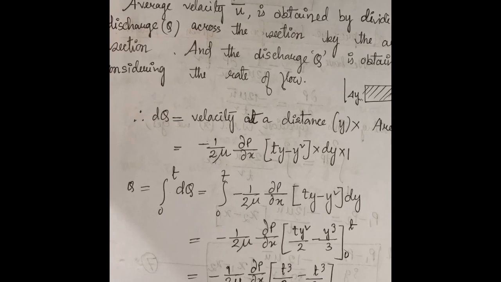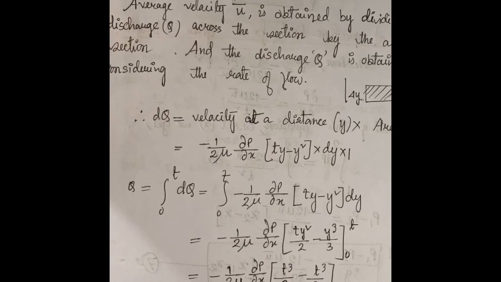As you know, the discharge is given by the equation Q equal to AV. From that equation you will get it, and the discharge Q is obtained by considering the rate of flow.